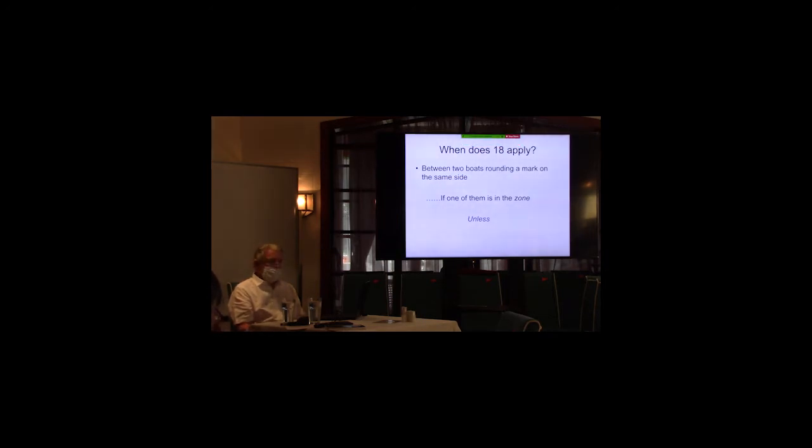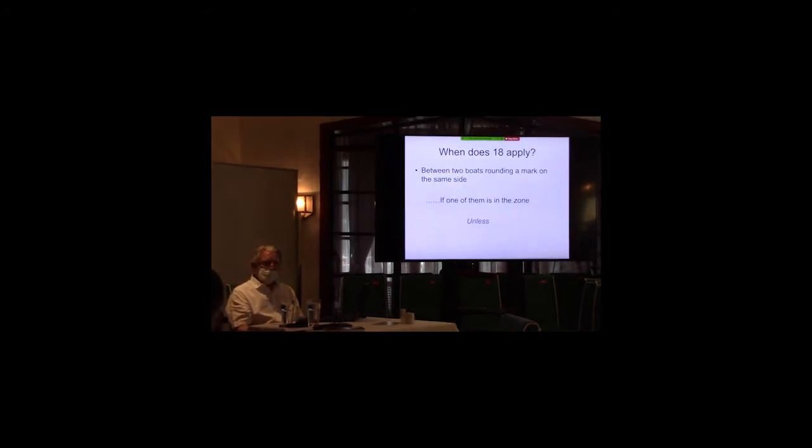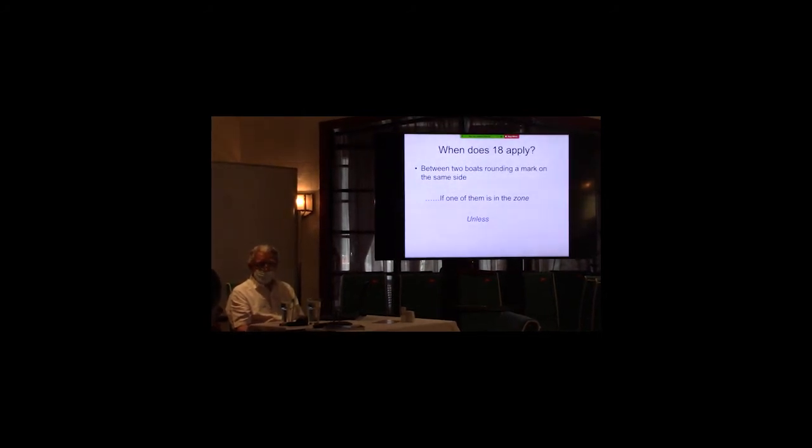Well, before I do that, I just want to talk a little bit about the way the rules are constructed. Basically, in the rule book, there are some basic rules, Rules 10 through 14, and maybe 15 and 16. And then everything else is an exception to situations that occur in those rules.